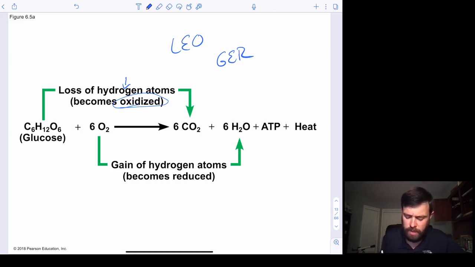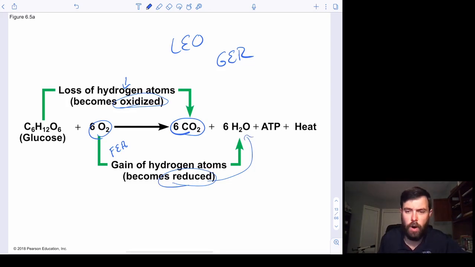So we're going to lose electrons, and that in turn gives us CO2. Our oxygen is going to gain electrons. Remember, it's our final electron acceptor. So it is being reduced, and that becomes water because it has those negatives and it wants positives, so it finds hydrogen. So again, oxidation reduction reaction, Leo says GER. You can't have one without the other.